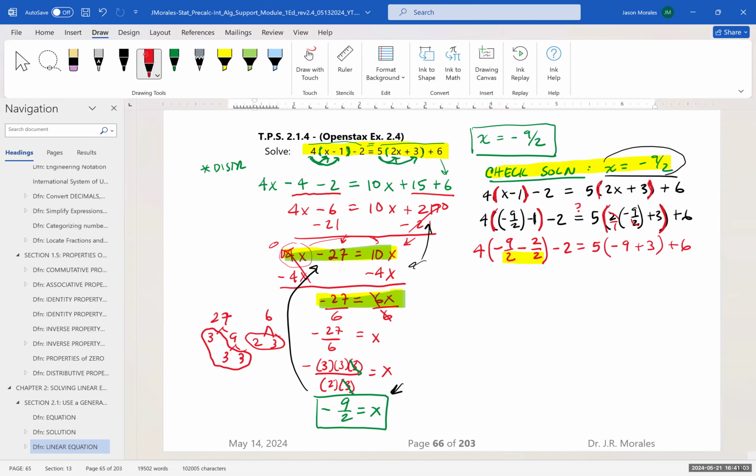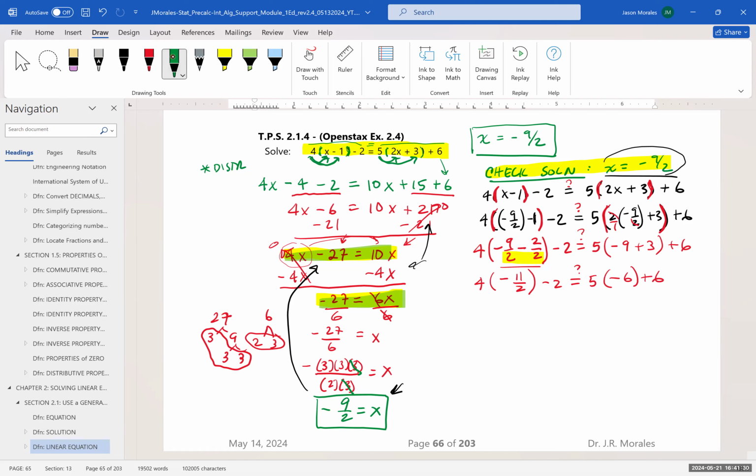And so we're checking to see if these two sides will be equal to each other. So let's simplify what we got in this grouping symbol, which is -11/2 minus 2. And this is going to be 5 times -9 plus 3, which is -6, plus 6. I want to see if those are equal.